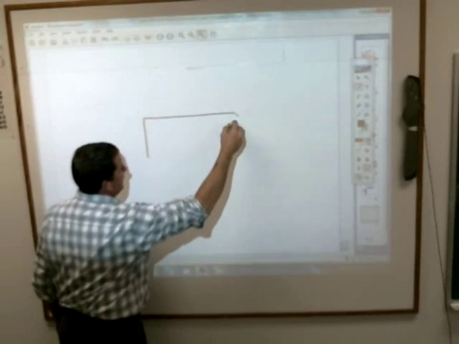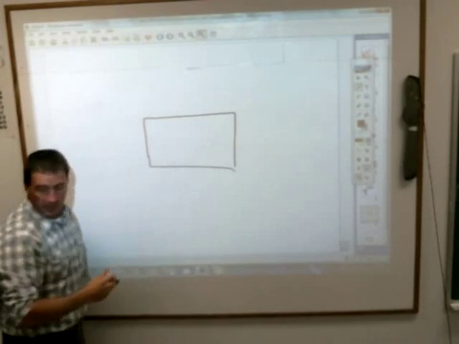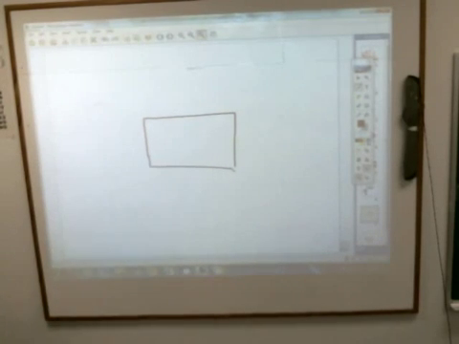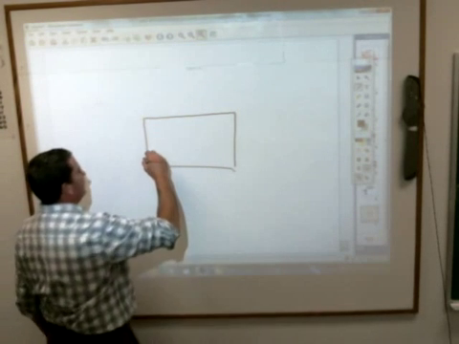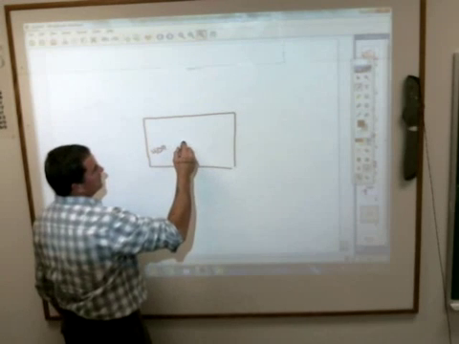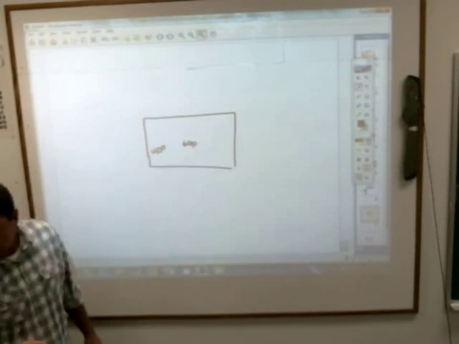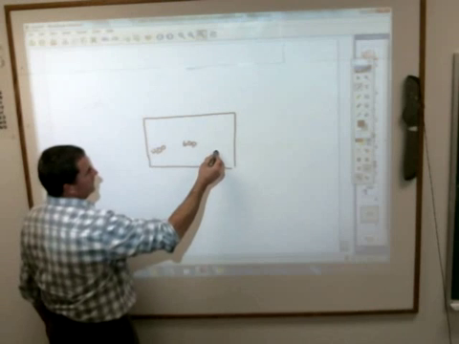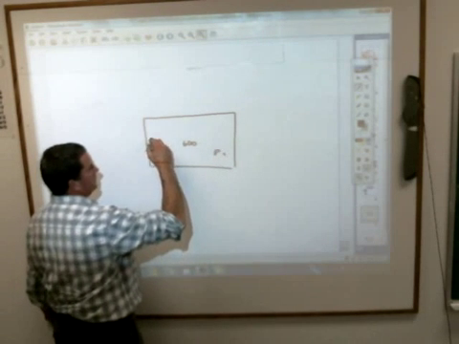Here's our little looking glass. And they give us a 400 here, a 600 here, and the beginning of an 800 over here, and then this little curved line.